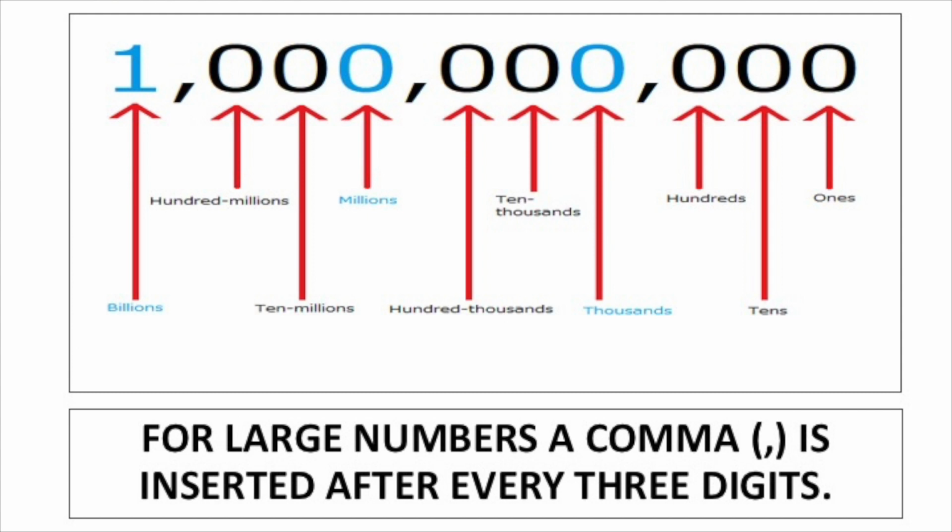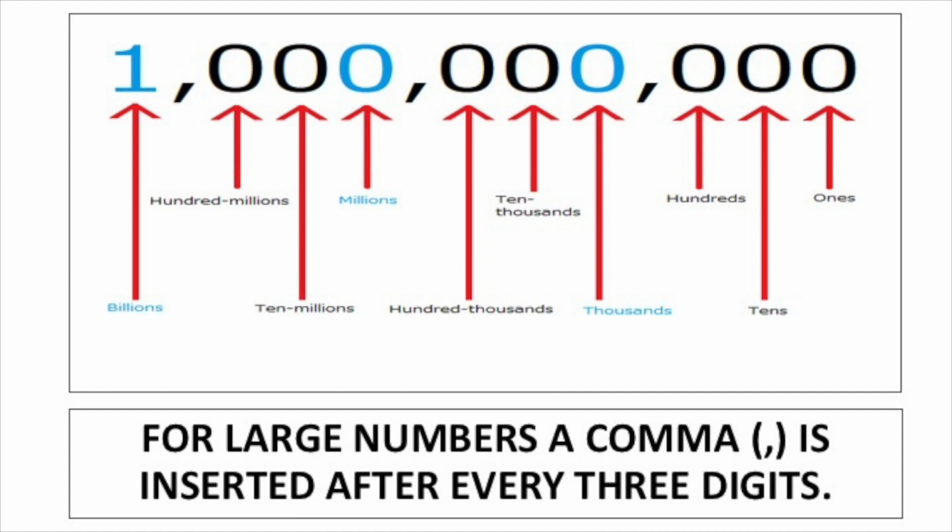For large numbers, a comma is inserted after every 3 digits. Yes, even if there's only 1 digit and all the others are zeros, all of the zeros still serve a purpose because they give the place.